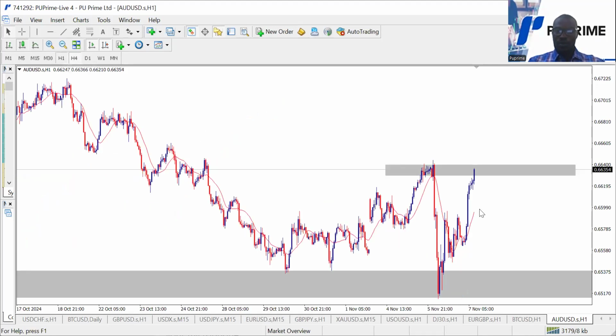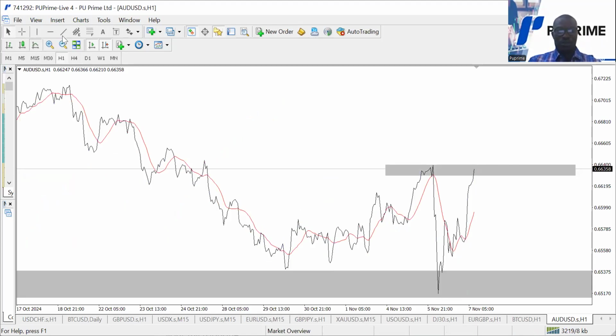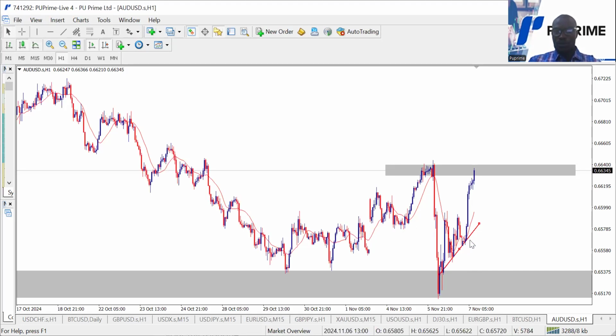We hope to wait for a proper retracement before we continue buying AUD/USD, because AUD/USD has shown us a reversal pattern that has been confirmed for this level. And if you look at the line chart, a reversal pattern has been spotted for AUD.